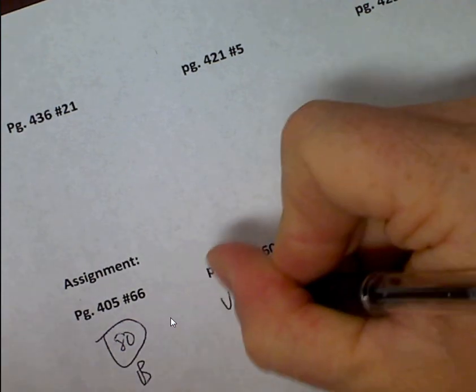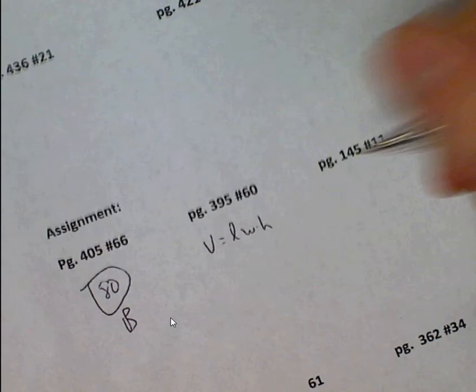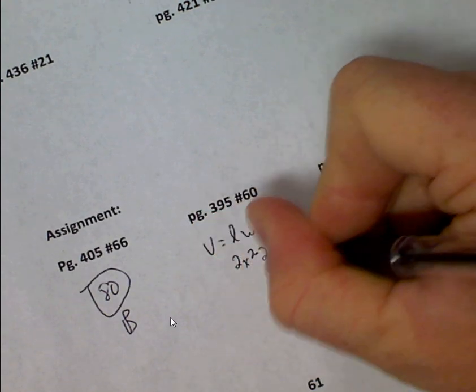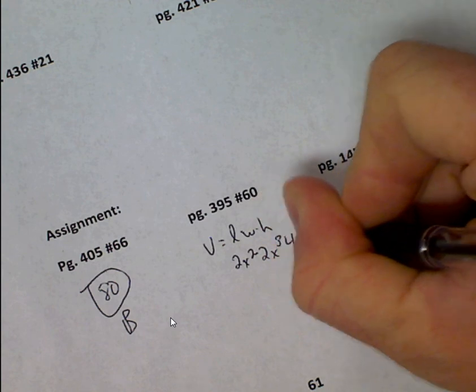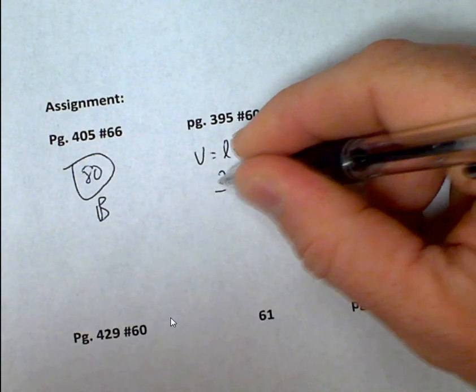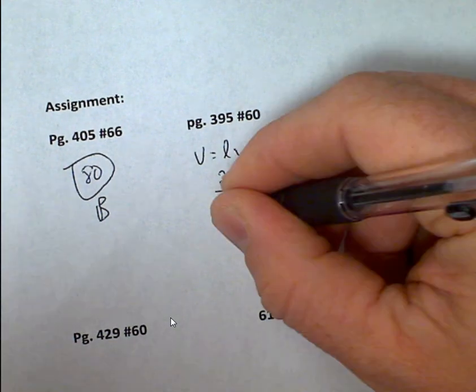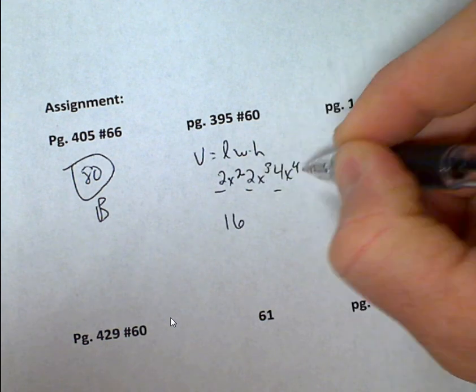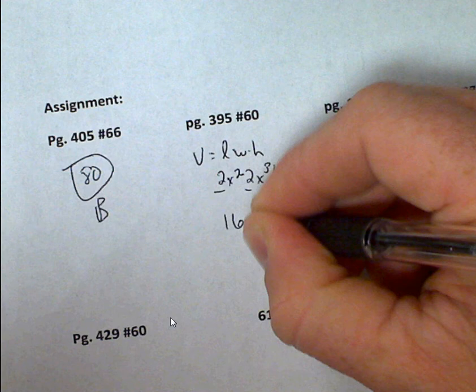So volume equals length times width times height, which is 2x squared, 2x to the third, 4x to the 4. My front numbers, 2, 2, 4, I multiply those. 2 times 2 is 4, 4 times 4 is 16. X squared, x to the third would be 5, plus 4 would be 9.